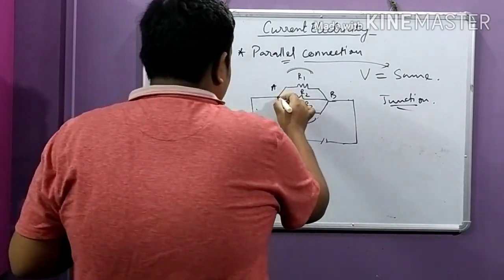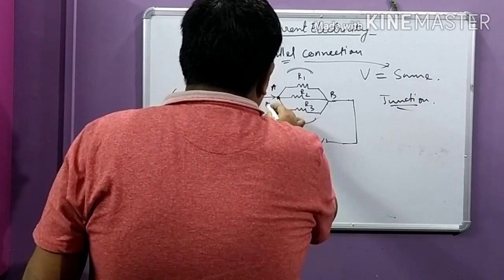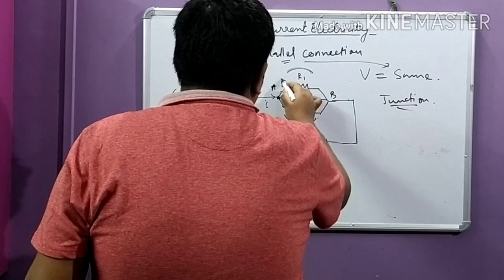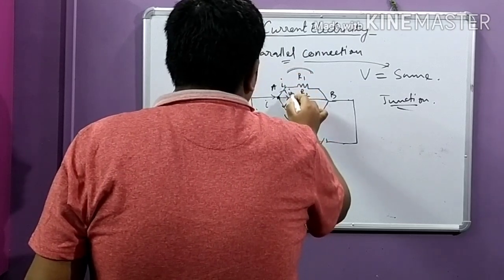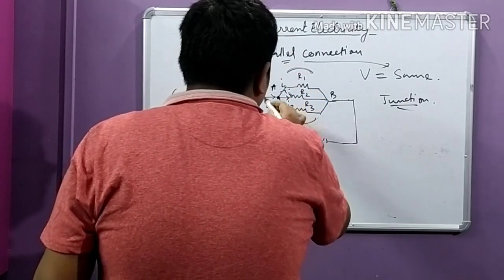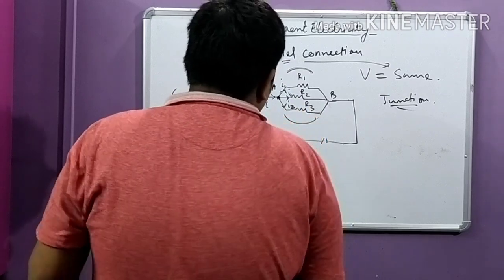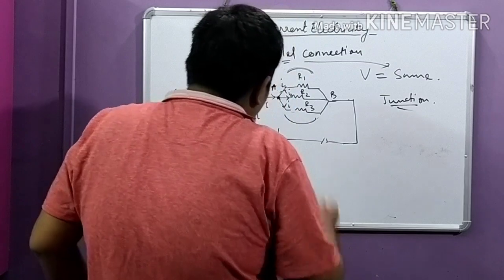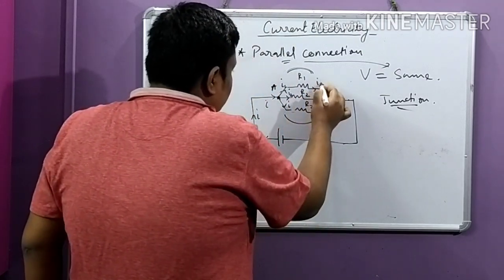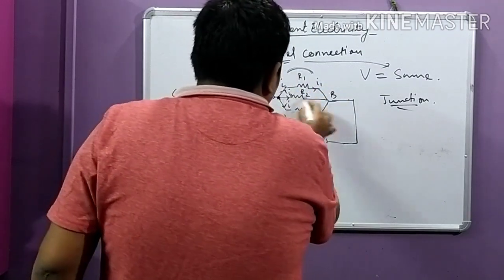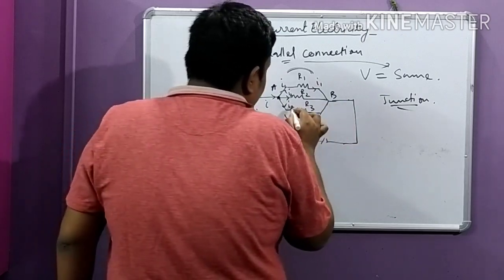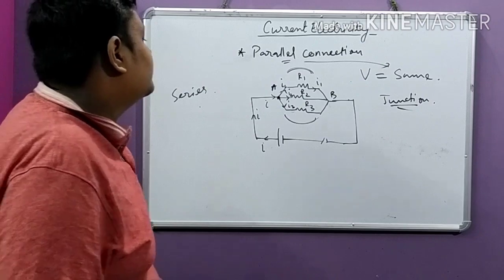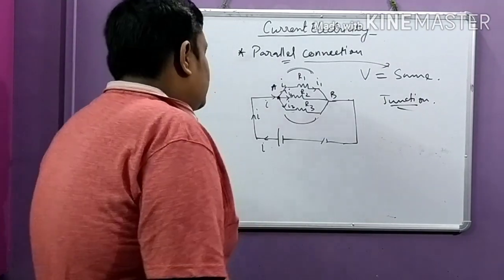So at the junction, current will have three ways to go, and current will flow through all three ways. Let us say the current through R1 is I1, I2 will be the current through the resistor R2, and I3 is the current through the resistor R3.